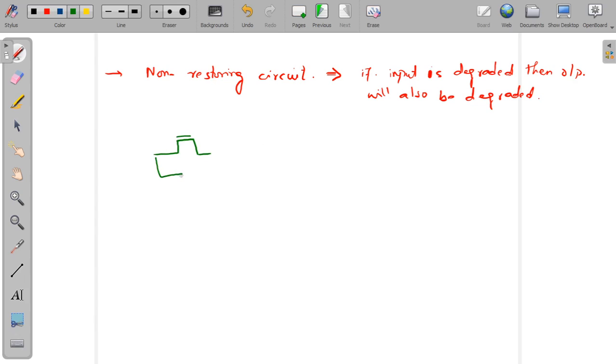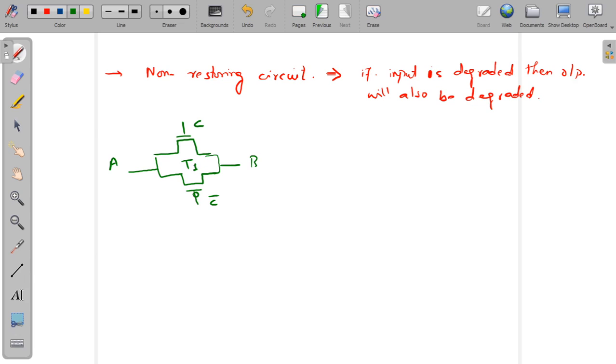Now these pass transistors are used in the transmission gate also. So let's say this is PMOS, this is NMOS, and this is input and this is output. Okay, this is A and this is B. Depending on the value of the control signal, we can have this transmission gate on or off.